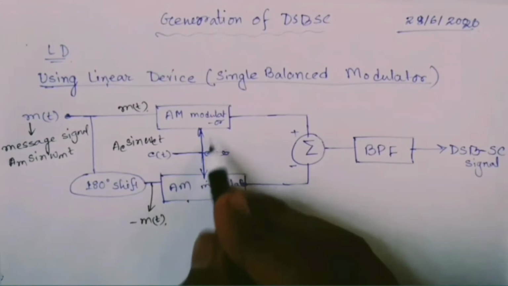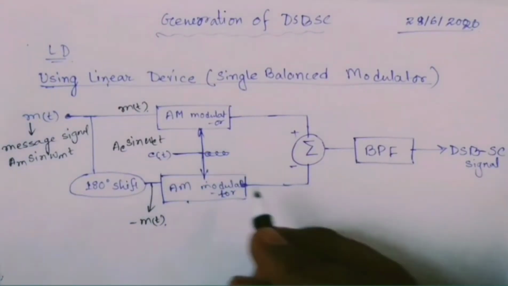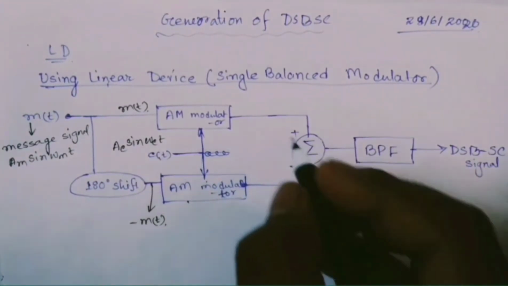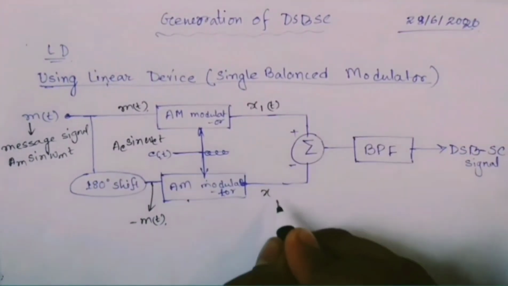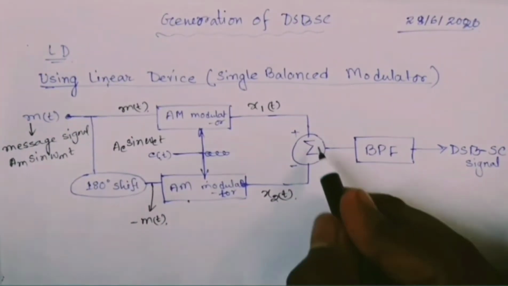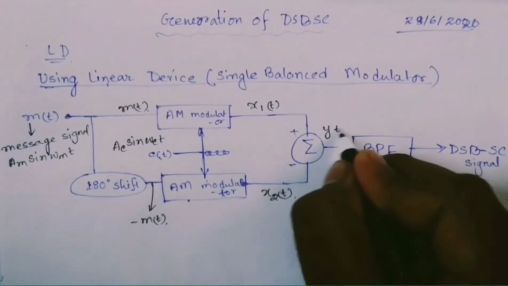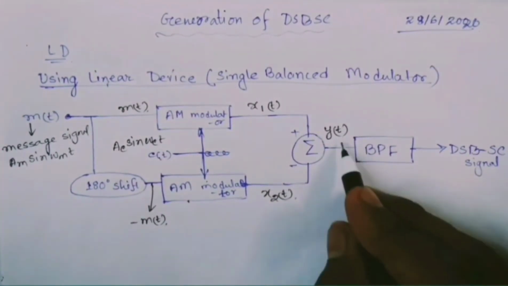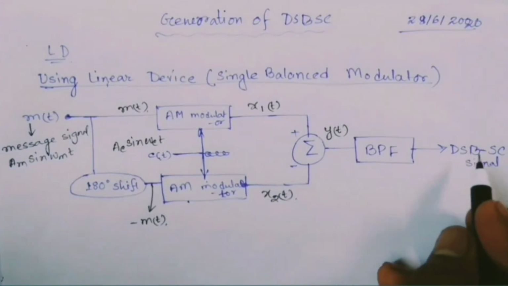In the AM modulator, c(t), that is the carrier signal, is also applied and the output is, suppose, x1(t), and here the output is x2(t). Now they are added with an adder and the output is, suppose, y(t), which is then passed through the bandpass filter and the output is DSB-SC.